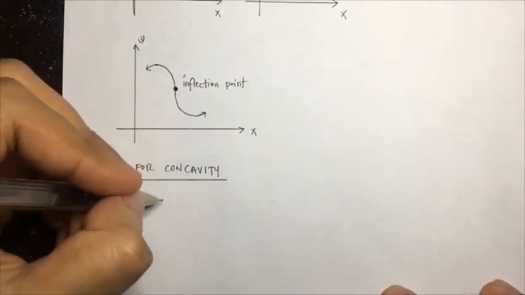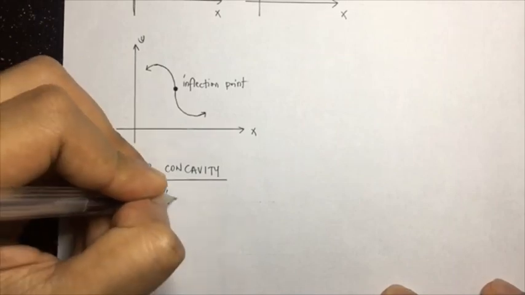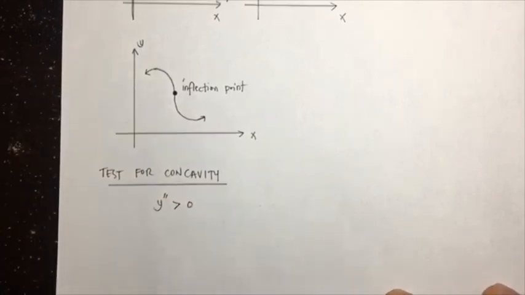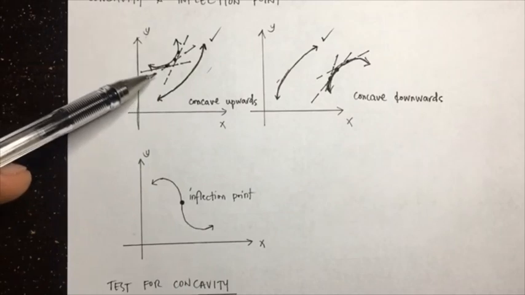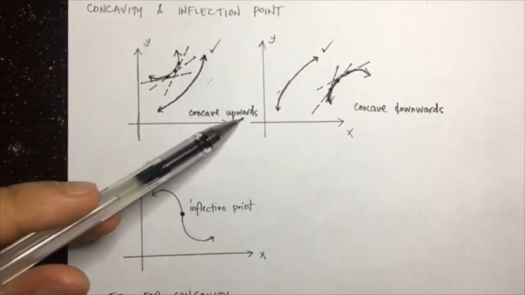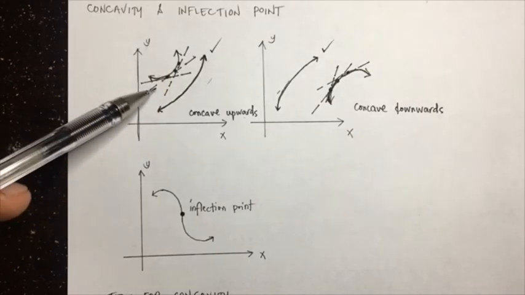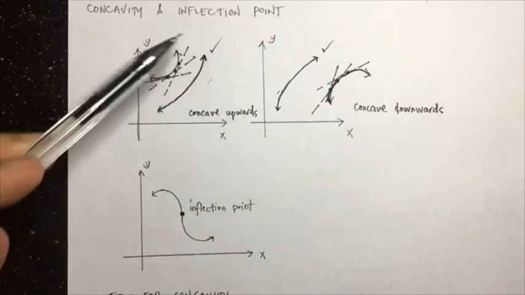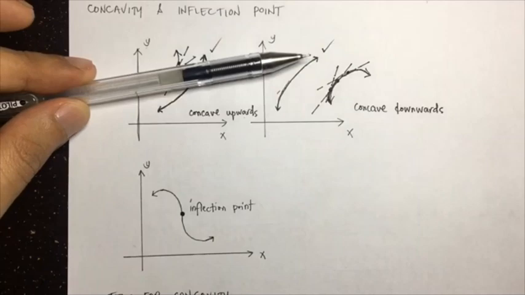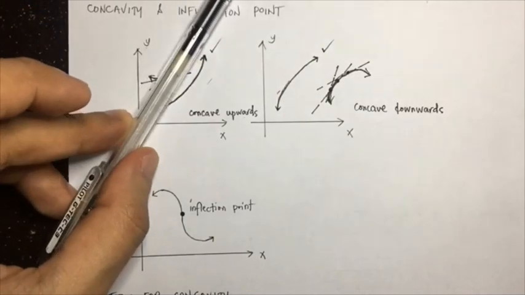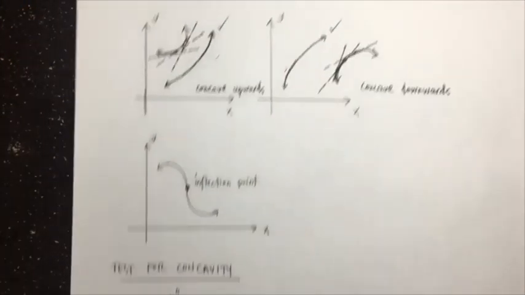Okay, so if the second derivative is greater than 0 or positive, like what we have here in a concave upward curve, as you can see, the slopes are increasing. First the slope is like this, and then like that, and then like that. So the slope increases.